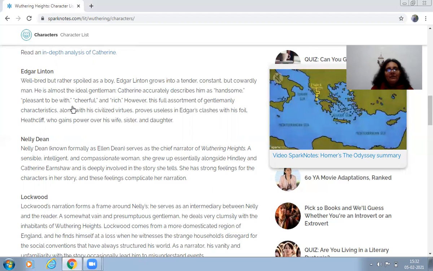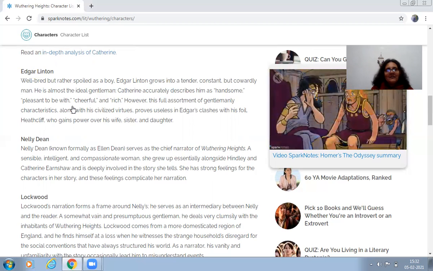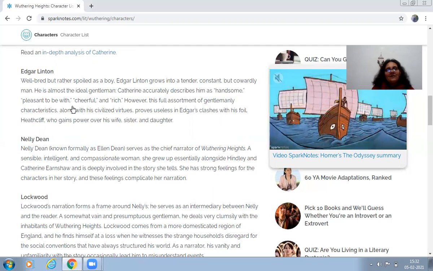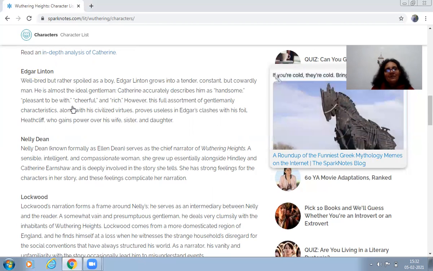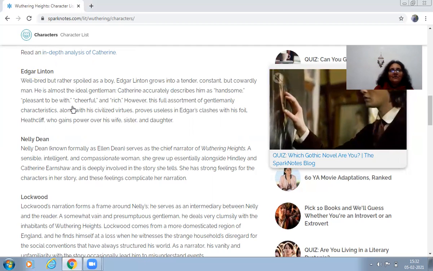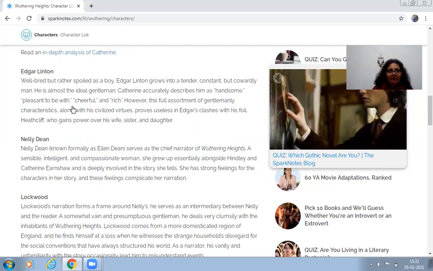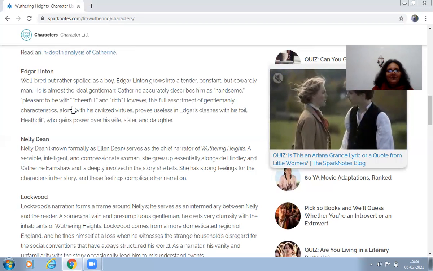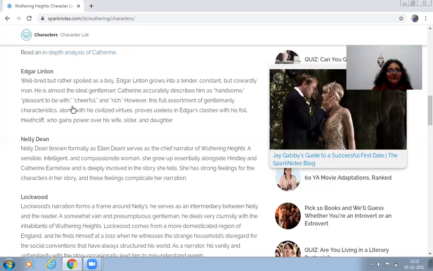If Heathcliff represents the wild, the uncultured, the savage qualities in human beings, this Linton represents a civilized, gentleman, pleasant type of man. So Edgar Linton, in a sense, is a foil to Heathcliff. Foil means one who is exactly equal and opposite.